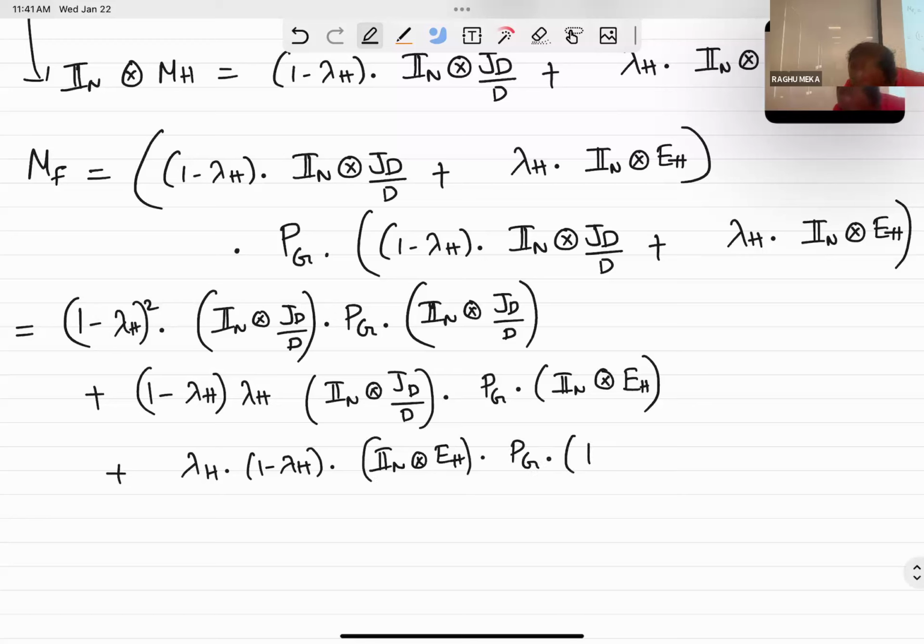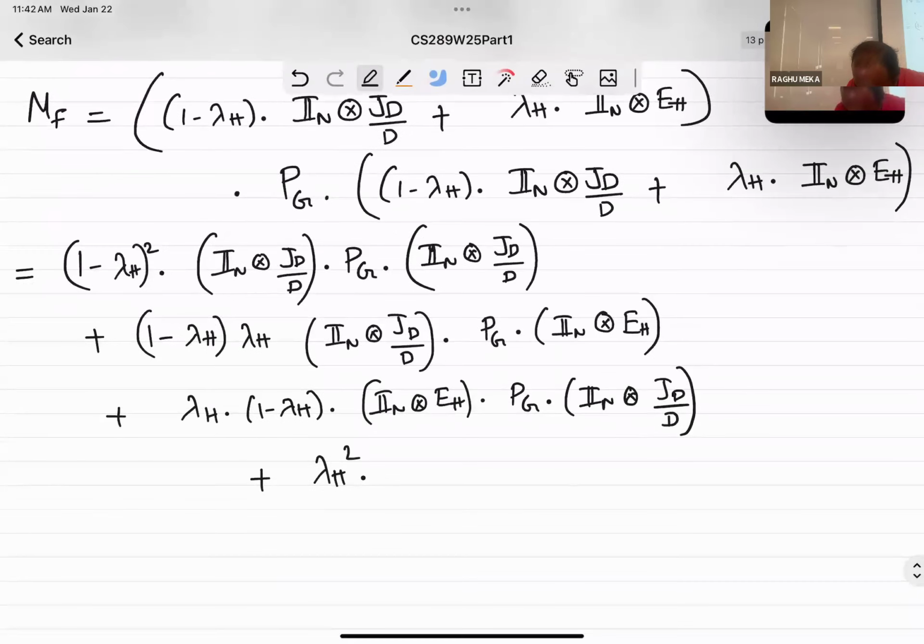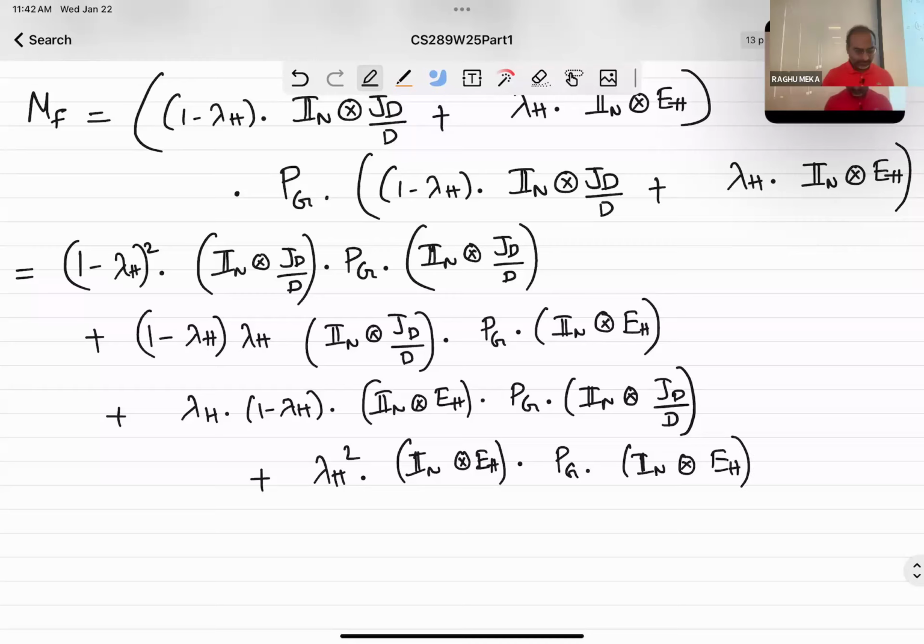This is some tedious calculation, but you'll see it doesn't get too much worse, luckily. Then the last term is just this.